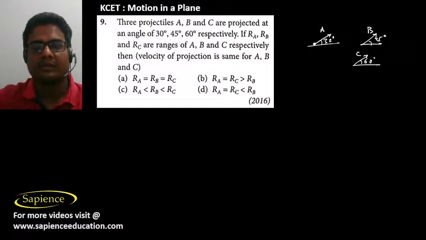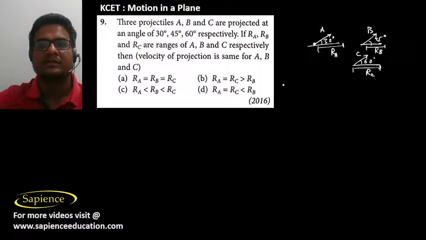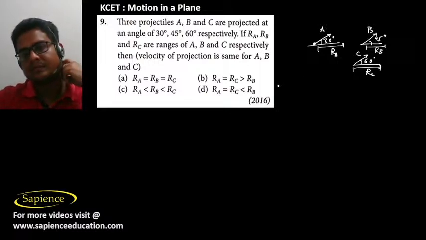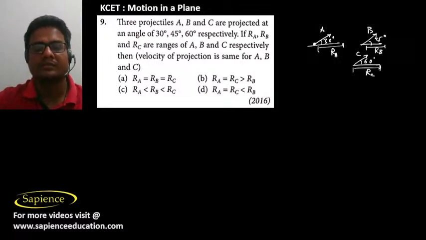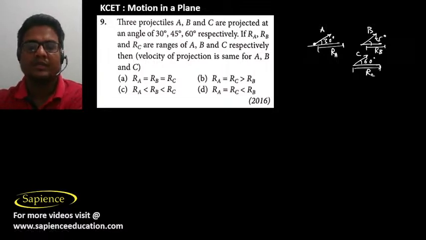If RA, RB and RC are the ranges of A, B and C respectively, then the velocity of projection is same for A, B and C.